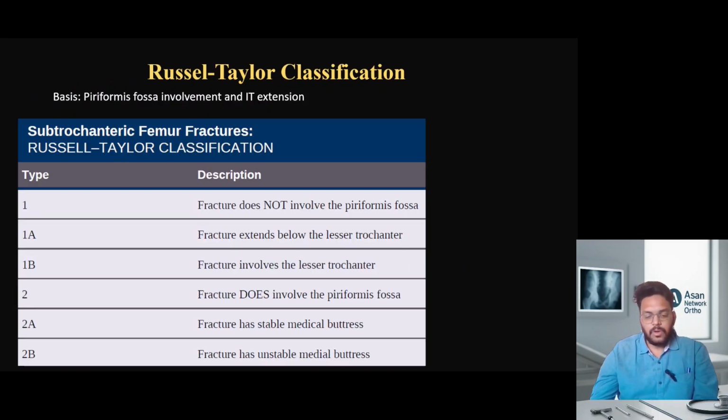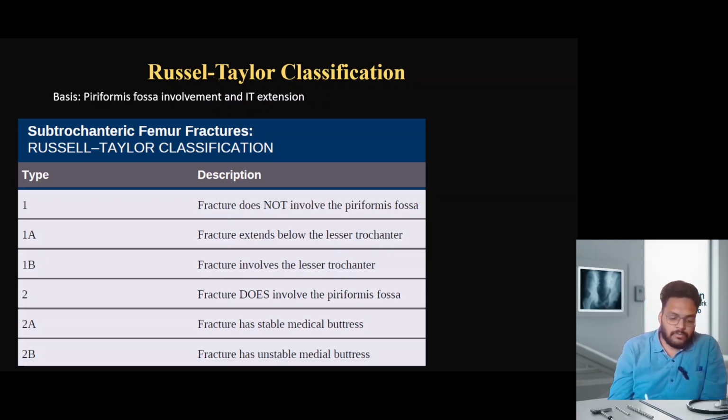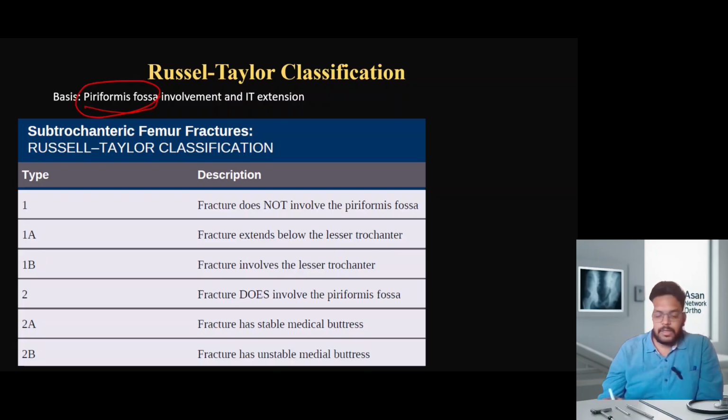Next, we will deal with the Russell and Taylor classification, which classifies fractures based on the involvement of the piriformis fossa and the intertrochanteric extension. Type 1 does not involve the piriformis fossa, and type 2 does involve the piriformis fossa. There are only two types in Russell and Taylor. In type 1, there is 1A and 1B.